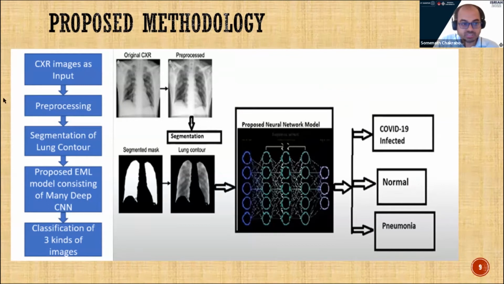We need to process them first with different processing tools like histogram normalization, and then we segment using UNet. After getting the lung contour, we proposed an EML model, that is an ensemble of different deep neural network models, and then we go for the classification.